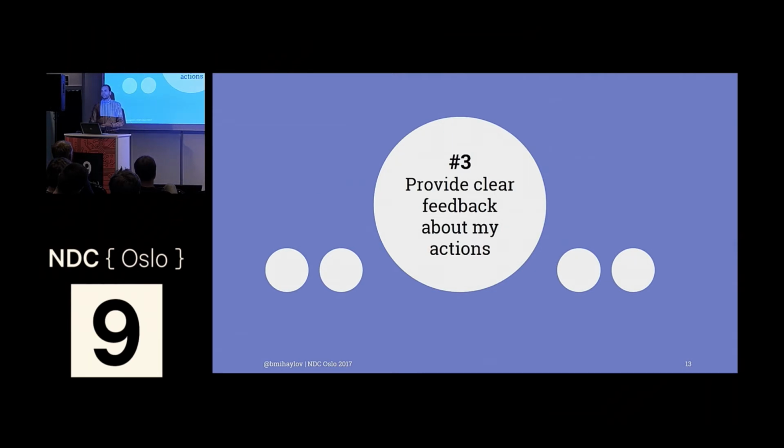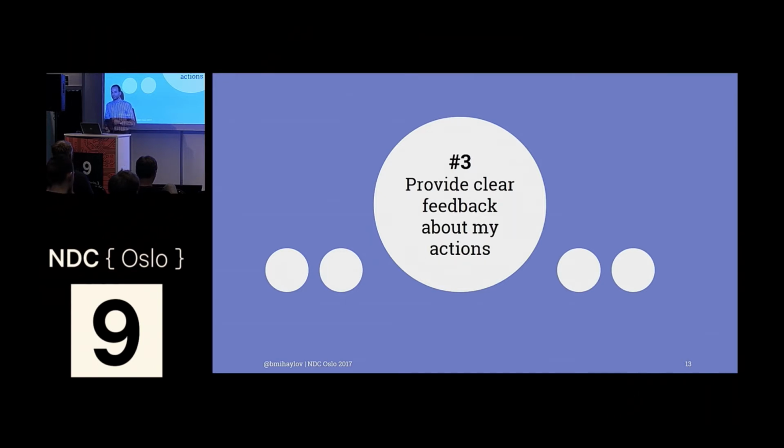When we do something as users, we expect clear feedback from the computer. If I press a button, I expect something to happen, maybe to see a loading indicator or a pop-up showing up. Something should happen demonstrating that my action has been accepted. This is a general principle when designing applications. I expect the application to give me clear feedback about what is happening.